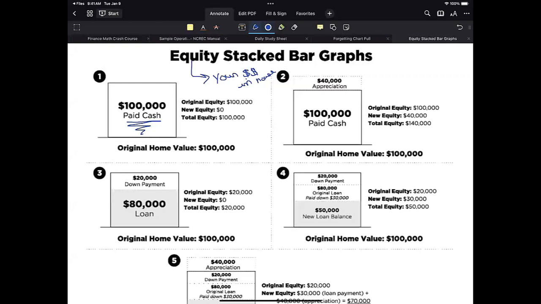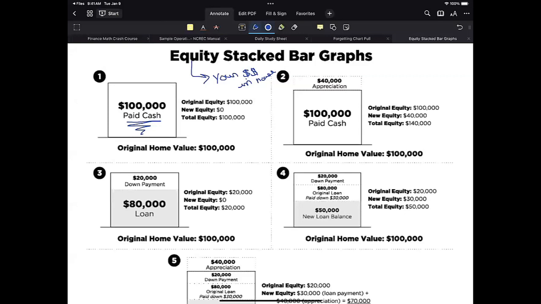So, if you bought a house for $100,000 cash and you had to turn around and sell it tomorrow for $100,000, how much of that money would be yours? $100,000, right? That's your equity. Equity is the money that you would get to take home because it's yours and you don't have to pay it out to somebody else.